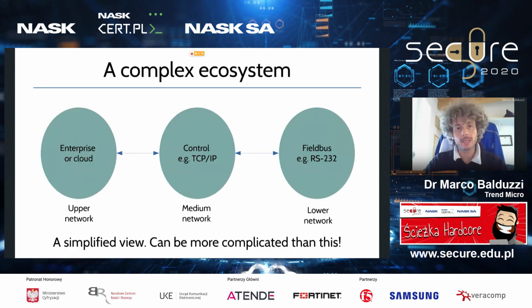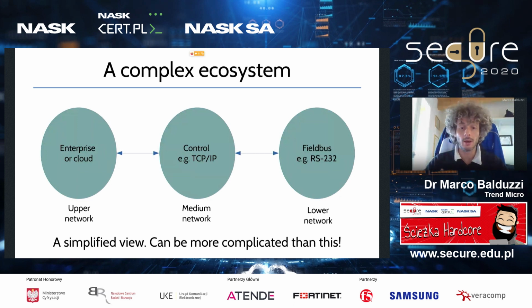Let me start by saying that nowadays industrial networks are a very complex ecosystem. You have the enterprise logic, where you define what your production site needs to produce. Then you have a control network that normally runs on TCP/IP, where you have databases.